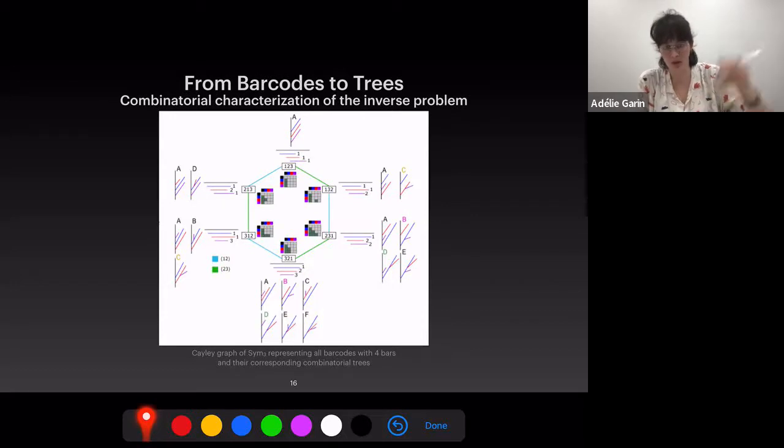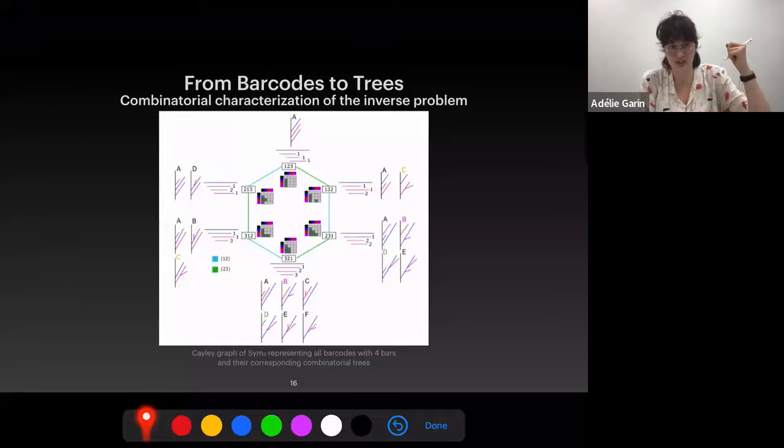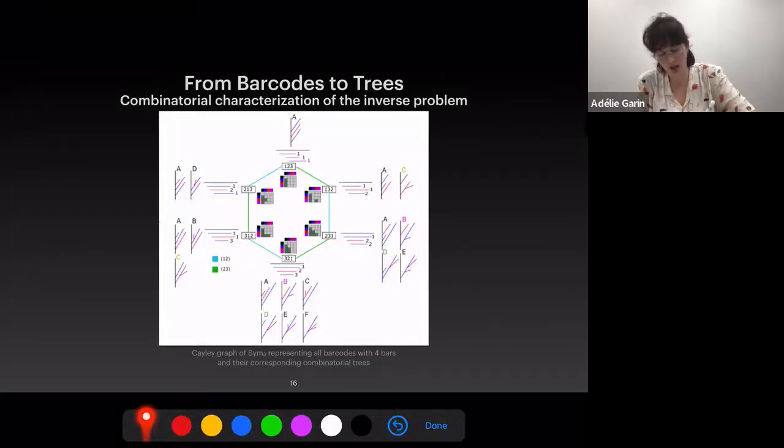For those who don't remember, in the Cayley graph the vertices are the permutations, and you go from one permutation to another via those two generators here, the 1,2 and 2,3 transpositions. Again, this identity barcode has only one tree, and the one that has this Russian doll behavior has 3 factorial, so 6 possible trees.